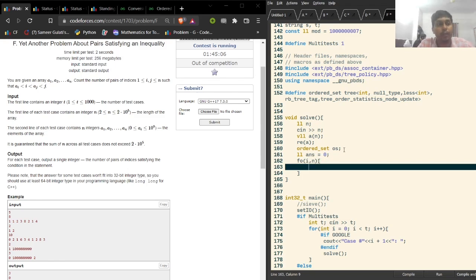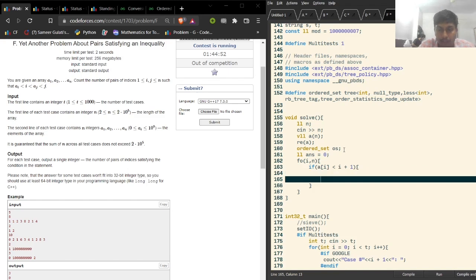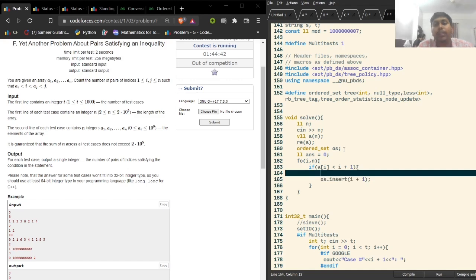Okay, so now what I do, if A of i is less than i plus 1, then it satisfies the condition. Then later we'll just add it to the ordered set first: ordered set dot insert i plus 1. Now what I want is the number of elements which are strictly smaller.